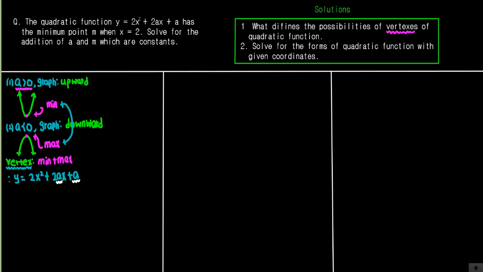Our leading coefficient in this function is 2, and 2 is obviously greater than 0, which means our leading coefficient is a positive value. So we can see that the graph of this function, y is equal to 2x squared plus 2ax plus a, will go upward.